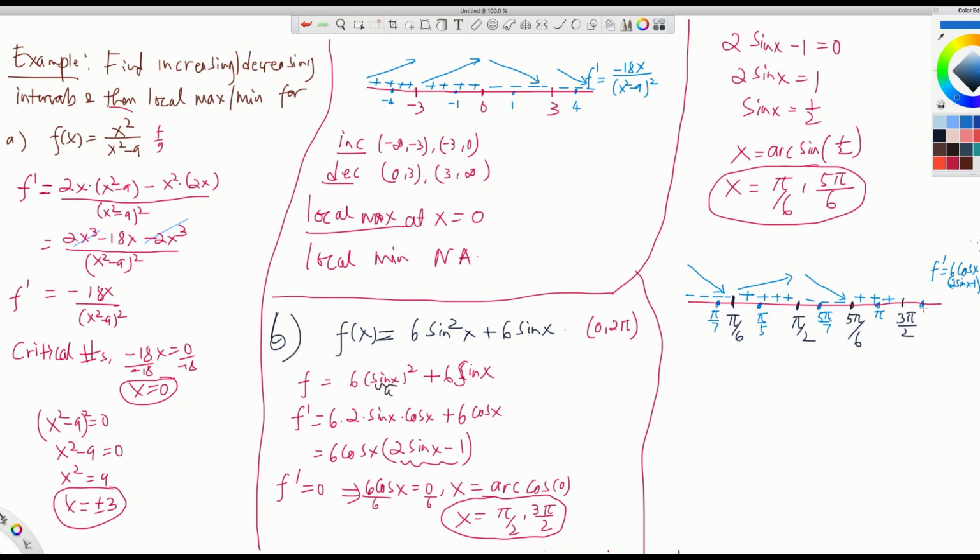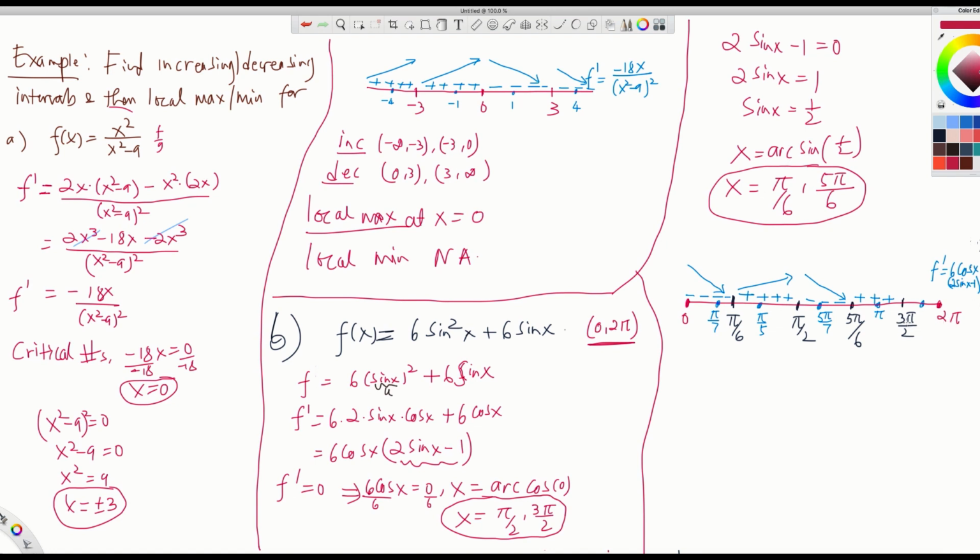And then let me take, so 3 pi over 2, what is the number bigger than 3 pi over 2? The last value you can pick is 2 pi. The last value on the left side you can pick is 0, right? Because that's what the question is giving, 0 to 2 pi. Let's find a number a little smaller than 2 pi, right?